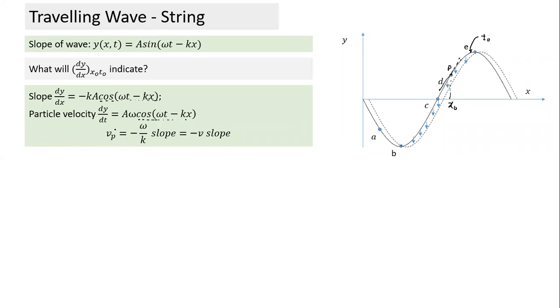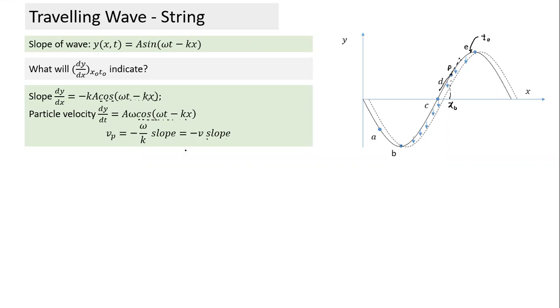So what is particle velocity equal to? Minus v times slope. In terms of dimensions, slope is a dimensionless term and this is the wave velocity. So particle velocity is the negative of wave velocity multiplied by the slope. That's the expression of particle velocity.